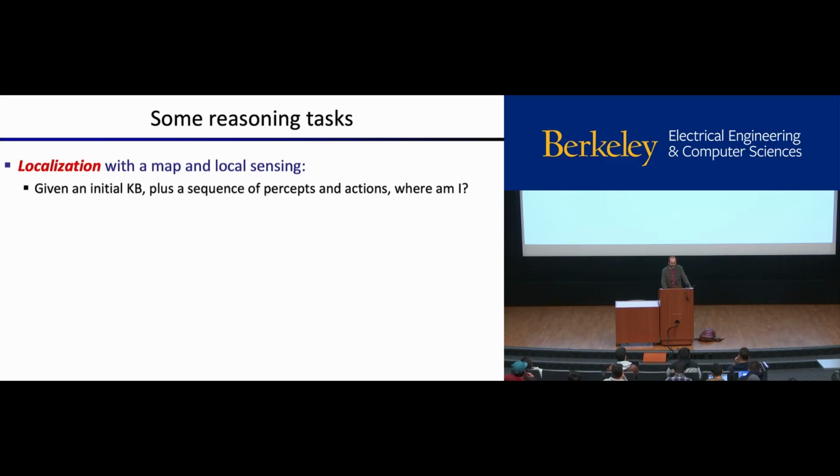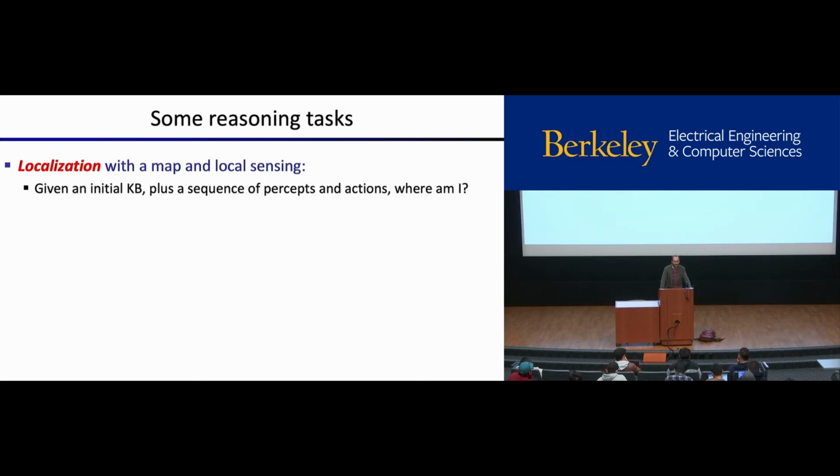So some reasoning tasks that we can do in Pacworld are, well, in any world, if we have the right propositional logic symbols to describe it and the right sentences to tell us how it works. The reasoning tasks we can do are, here's one, localization.